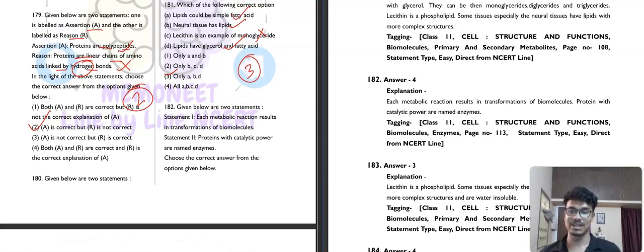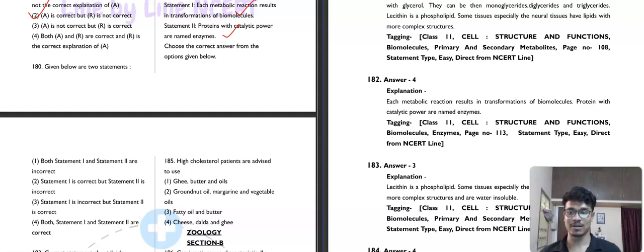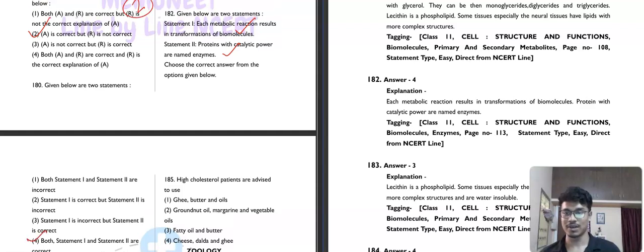So, first statement, each metabolic reaction results in transformation of biomolecules. Correct. Proteins with catalytic power are named as enzymes. This is also correct. Both statements are correct. That's why fourth option will be your correct answer for this question.